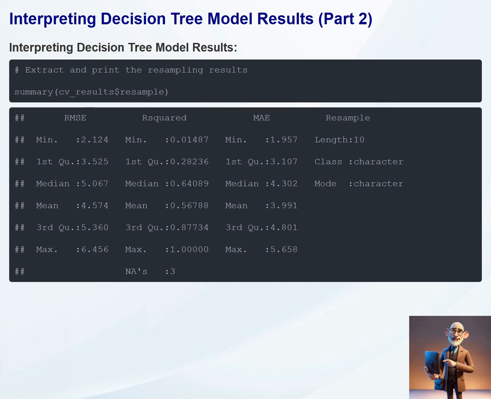RMSE, root mean square error. Similar to the explanation in the previous code snippet, a lower RMSE indicates better predictive performance. By scrutinizing these resampling results, we gain valuable insights into the stability and reliability of our decision tree model, helping us make informed decisions about its overall performance and suitability for our predictive modeling task.